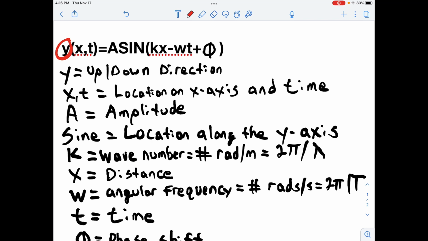So if you got y-axis, you're going to have this little sine function there. Kind of goes hand in hand. Just know sine means something along the y-axis. You'll have another equation that you'll use that I will make a different video on when you're trying to find velocity. That uses cosine, which means we're trying to find something along the x-axis.